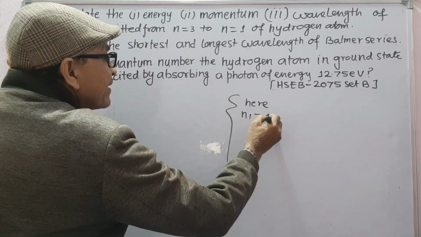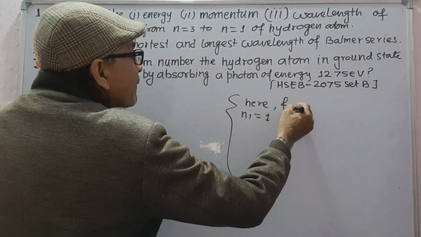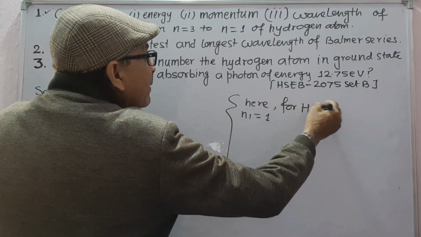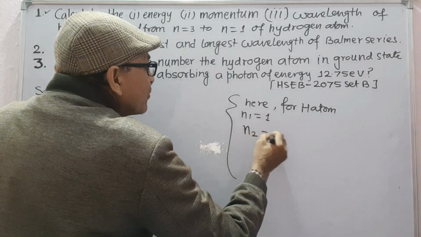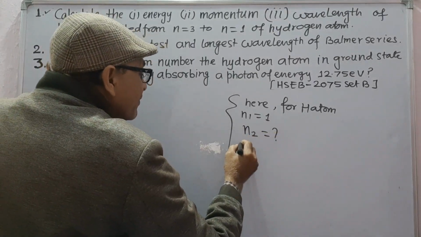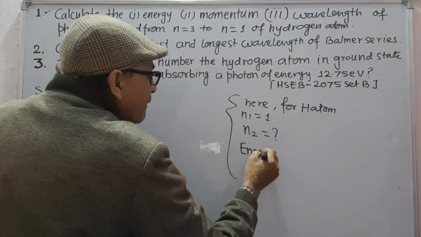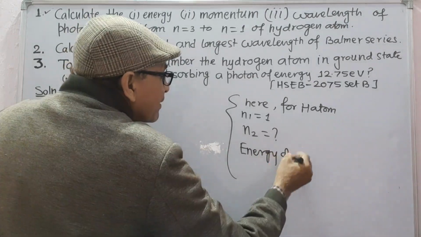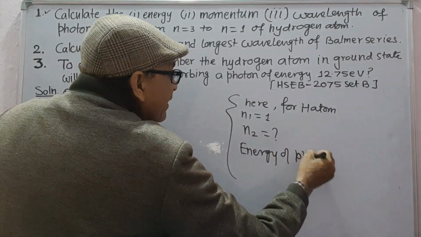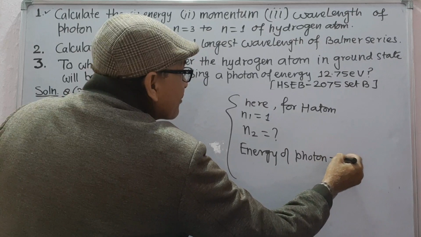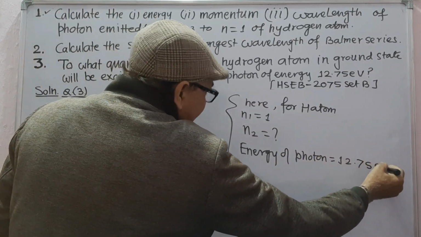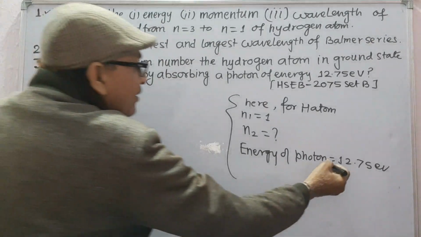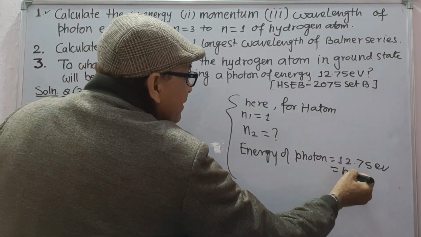Ground state means n1 is 1, and we have to find n2. Energy of photon absorbed is given as 12.75 eV, which is suppose hf.